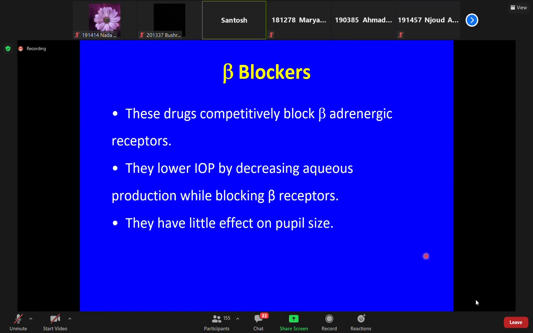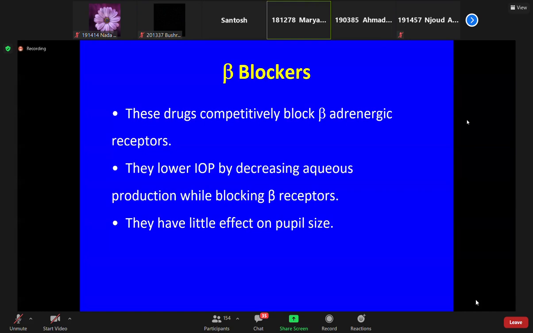They have little effect on pupil size. Why? Any idea? They're competitive inhibitors. Okay, which receptors are on the pupil, alpha or beta? I think they were alpha, if I'm not mistaken.